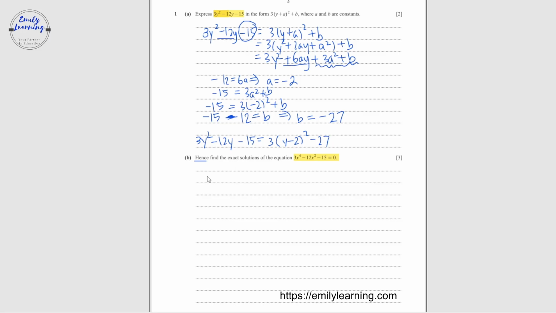Well, the only difference is that they have replaced the y with x squared. So let's do it. Let 3y squared minus 12y minus 15 equal 0. Then we replace y with x squared, and we get 3x to the power of 4 minus 12x squared minus 15 equals 0.